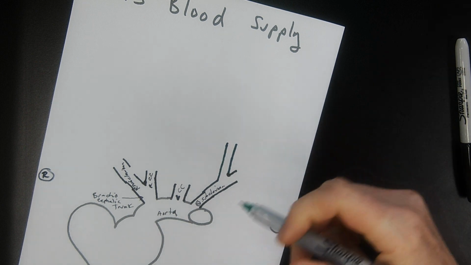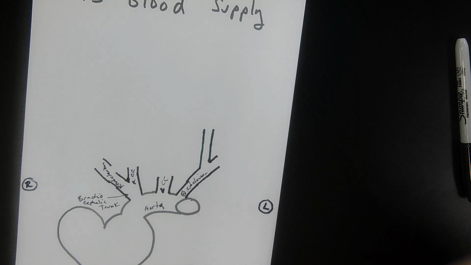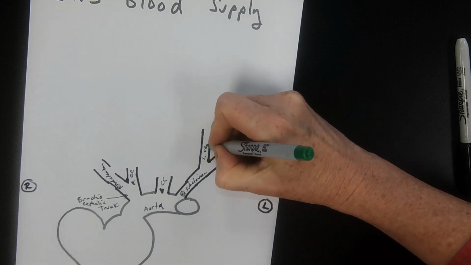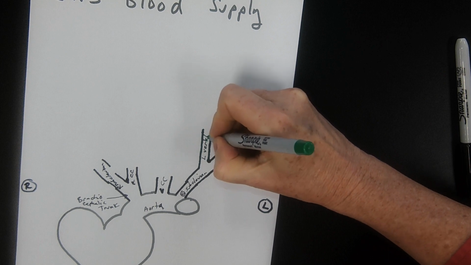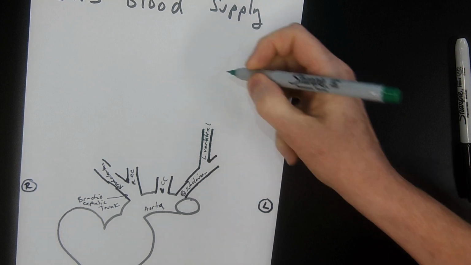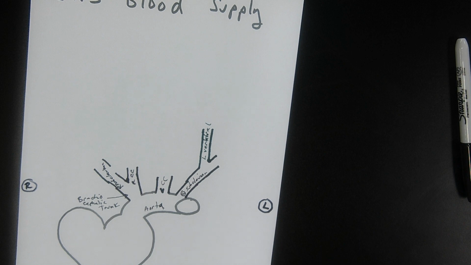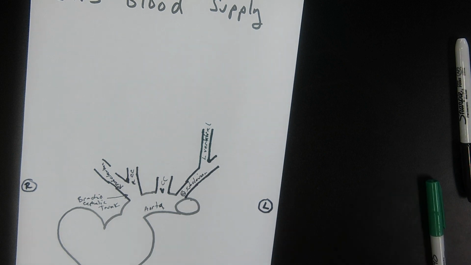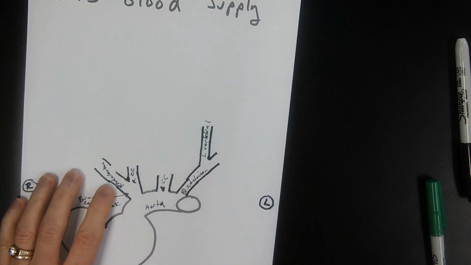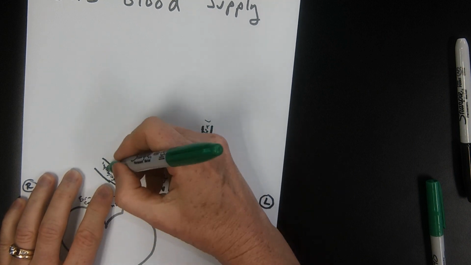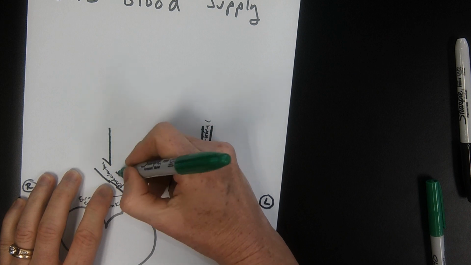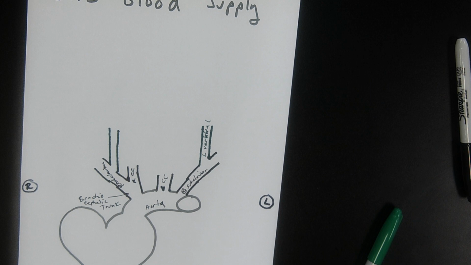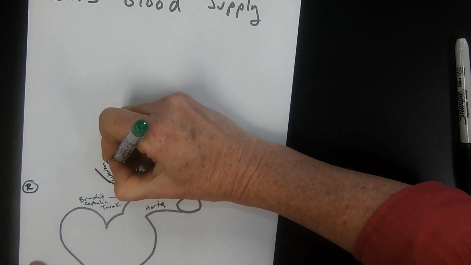So we're going to call the posterior circulation the vertebro-basilar system. So this is the left vertebral. Okay, the left vertebral artery. And the same thing happens on the right side, coming off the right subclavian, going straight up, supplying the posterior portion of the brain with blood, is going to be your right vertebral.